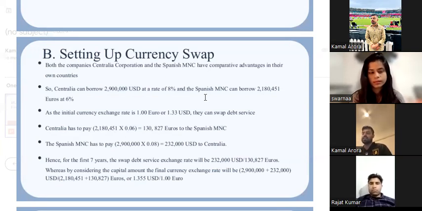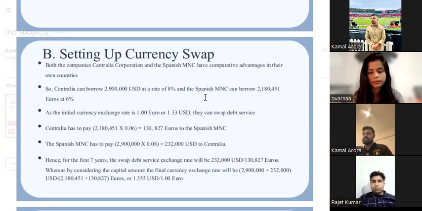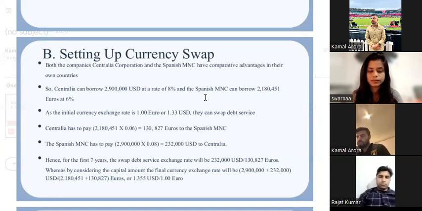So Centralia can borrow 29 lakh USD at a rate of 8%, and the Spanish MNC can borrow 21 lakh 80,451 euros at 6%. As the initial currency exchange rate is 1 euro or 1.33 USD, they can swap debt services. Centralia has to pay around 1 lakh 30,827 euros to the Spanish MNC, and the Spanish MNC has to pay 2 lakh 32,000 USD to Centralia.